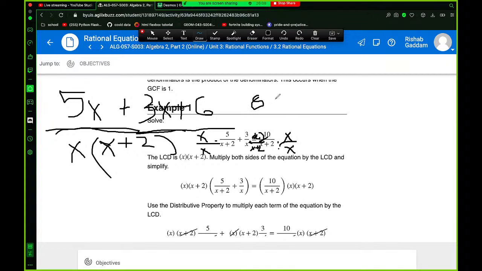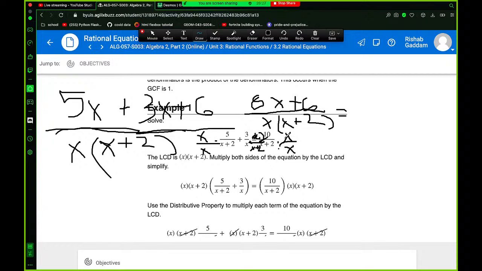So 5 plus 3 is 8, so that's how I got 8. So that's 8x plus 6 over x times x plus 2, and now we can find what this is equal to.